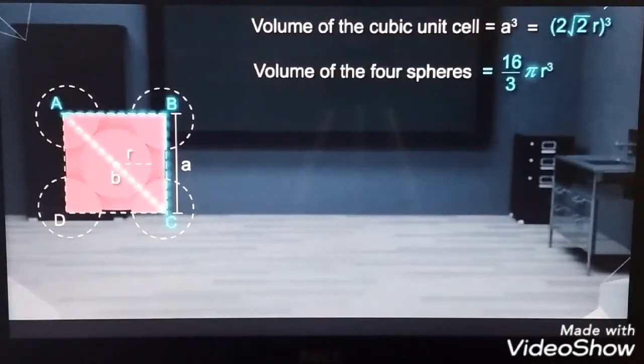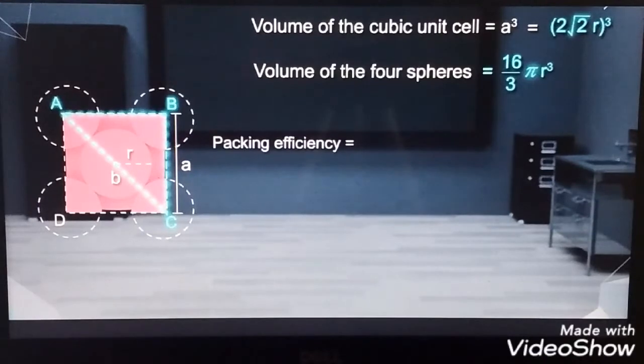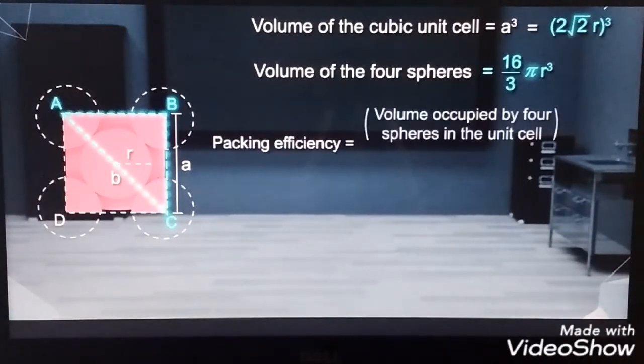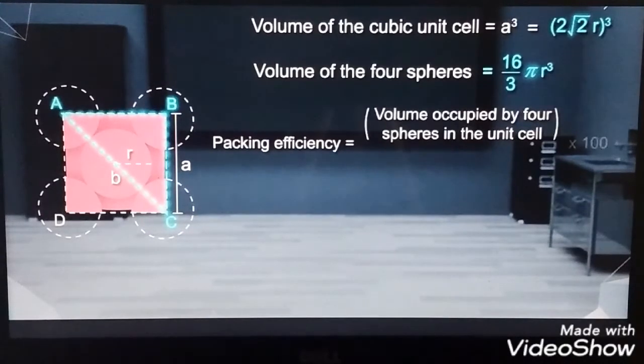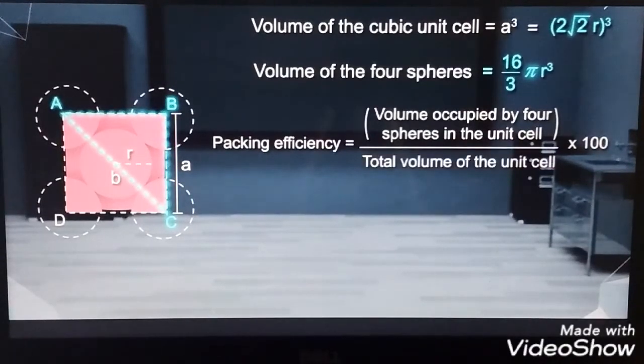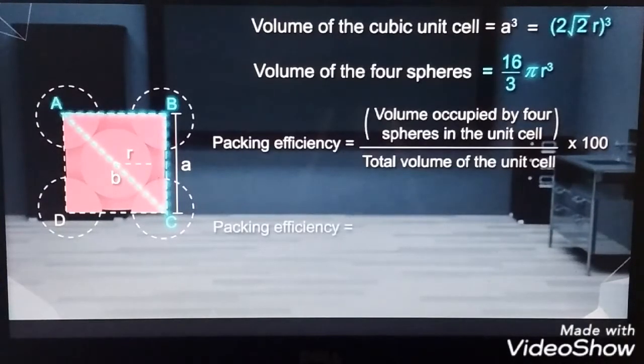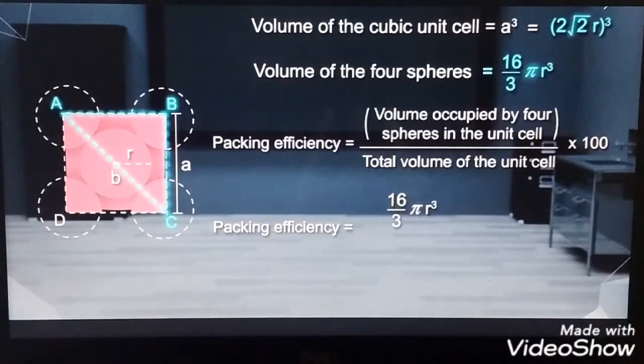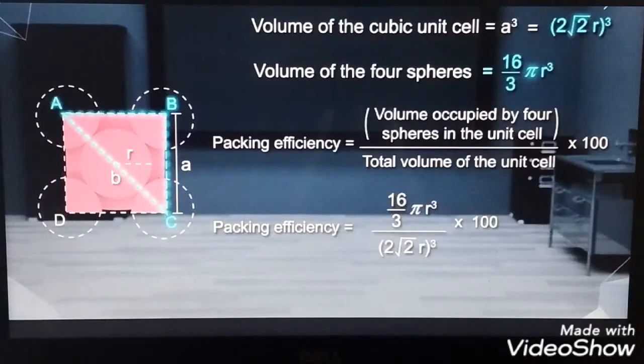Now let us calculate packing efficiency. Packing efficiency is equal to volume occupied by 4 spheres in the unit cell into 100 by total volume of the unit cell in percentage. Packing efficiency is equal to 16 by 3 pi r cube into 100 by (2 square root 2 r) whole cube percentage.